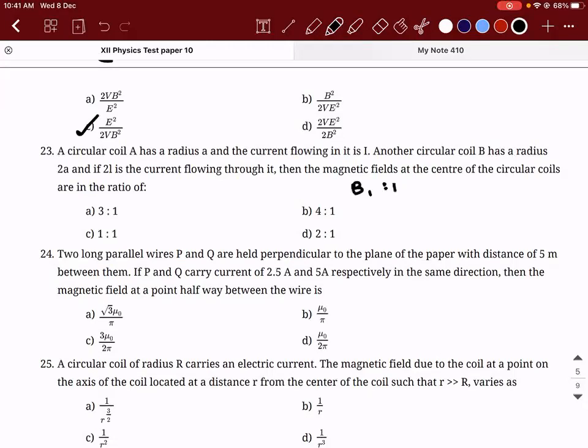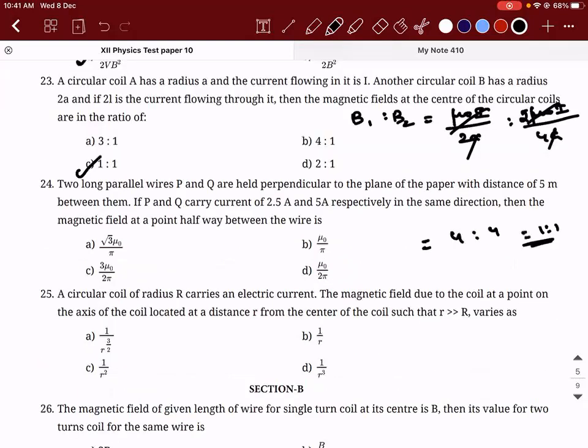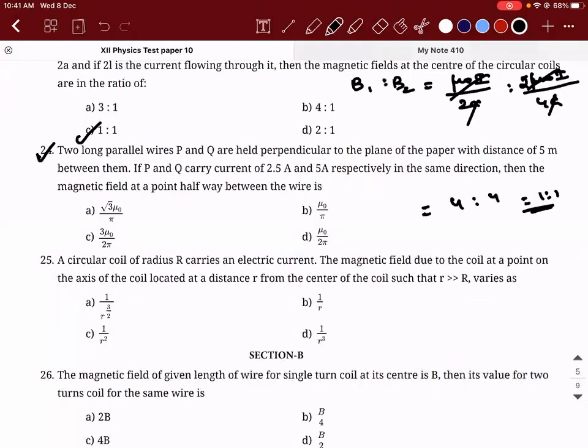So B1 is to B2 is equal to mu naught I divided by 2a is to mu naught 2I divided by 4a. a is gone, mu naught I is gone. 4 is to 4. It will be 1 is to 1. 23rd option is C. 24.